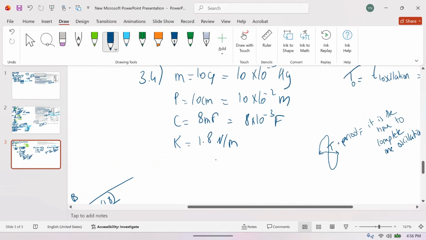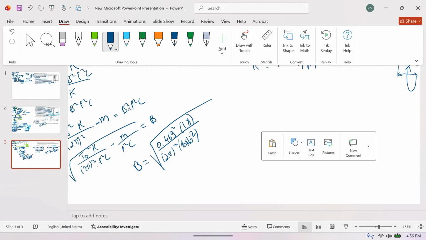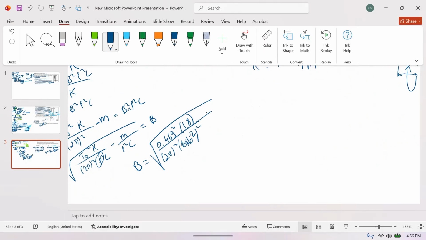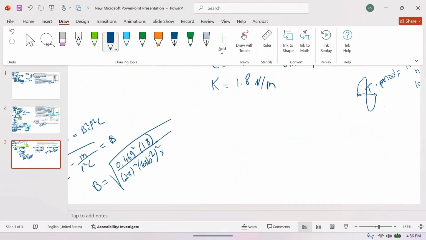L is 10 times 10 to the power minus 2, and since L has a square, we put a square on the whole thing. Now times C. C is 8 times 10 to the power minus 3. I'm done with the first fraction.